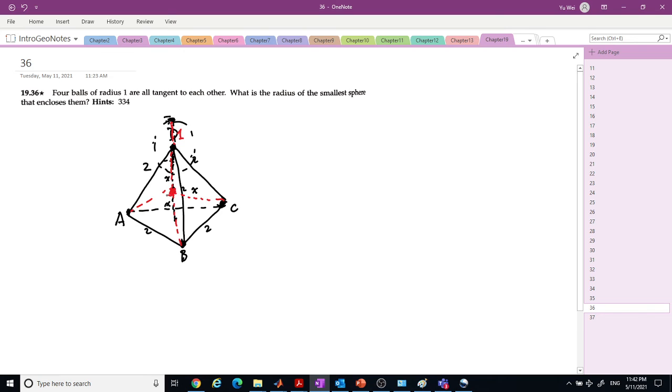So the center must be here. Okay, so here is the O, here is this, so we must be something like this.